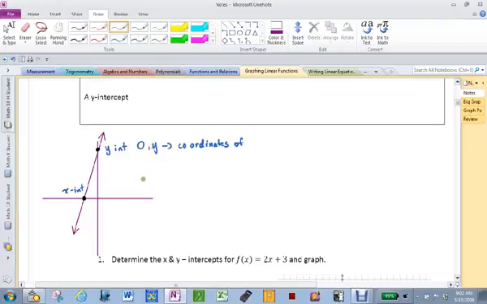Does everyone understand the coordinates of every y-intercept? Now, you guys are smart kids. What then are the coordinates of every x-intercept? x, 0.